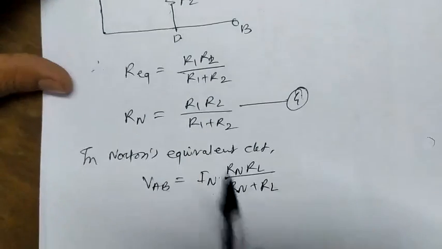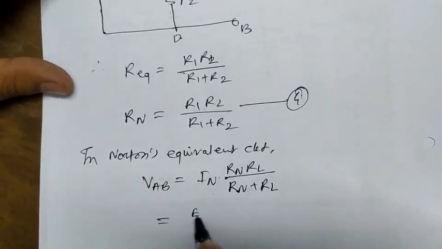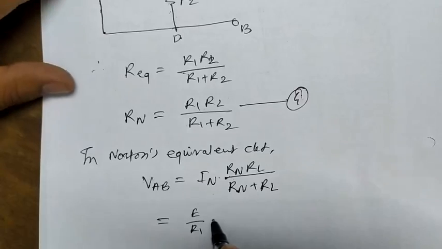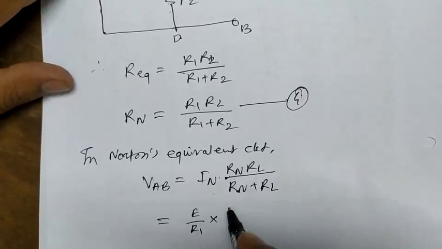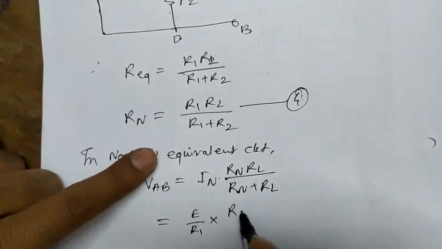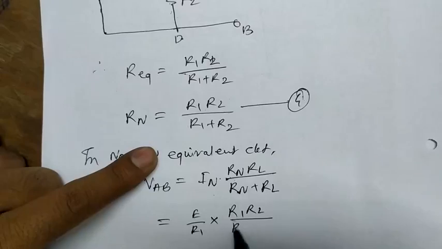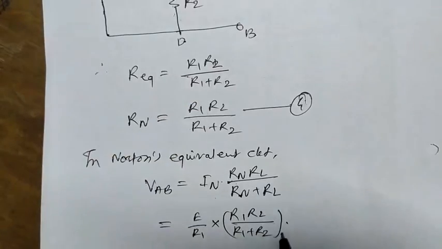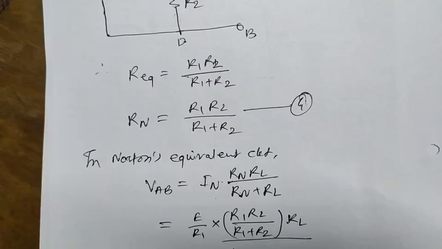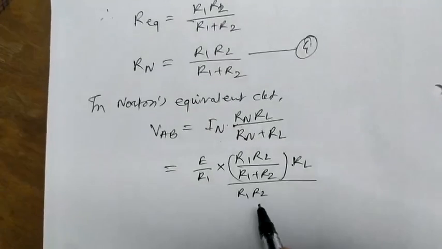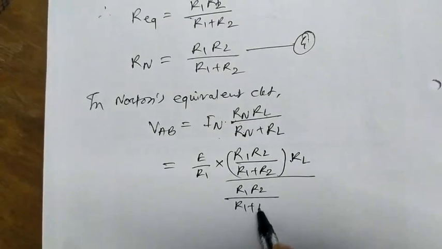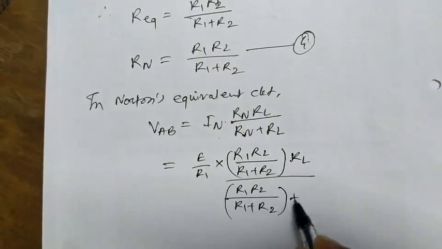VAB equal to IN, that is E upon R1 into Rn, that is Rn equal to R1 R2 upon R1 plus R2, into RL upon Rn again R1 R2 upon R1 plus R2 plus RL.